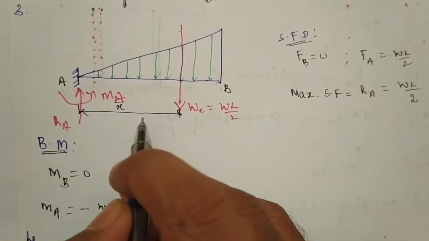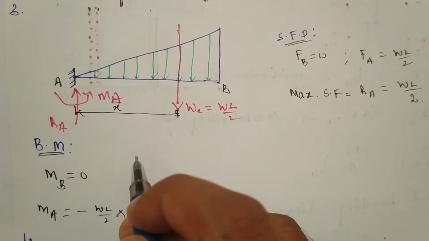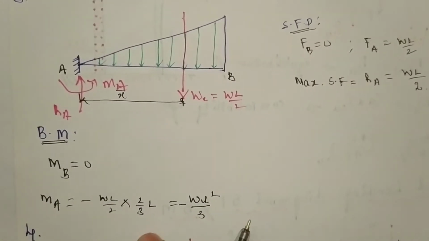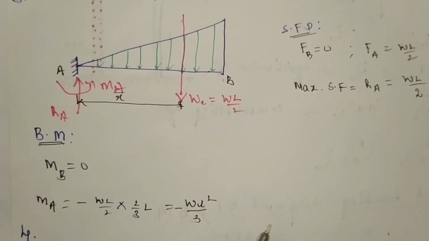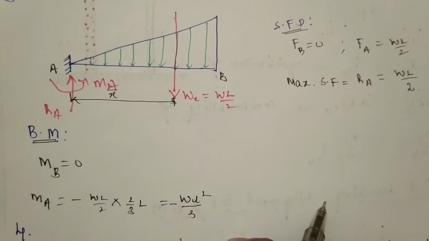Here x bar is 2 by 3 of L, so the bending moment is WL square by 3.